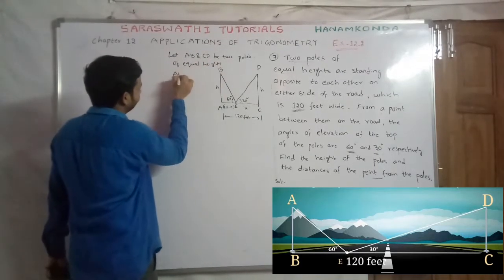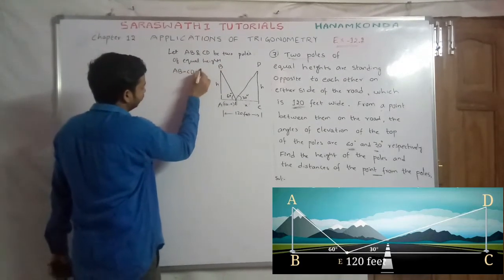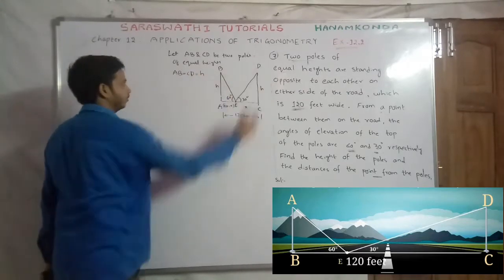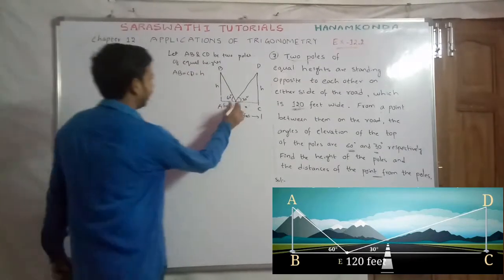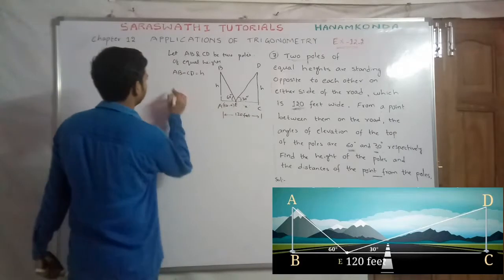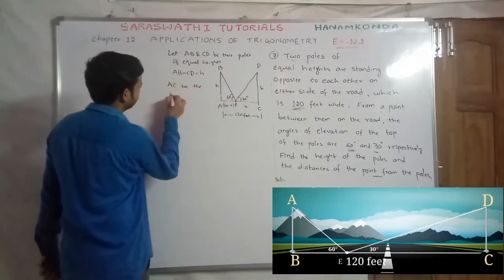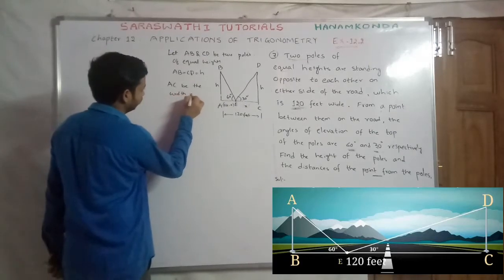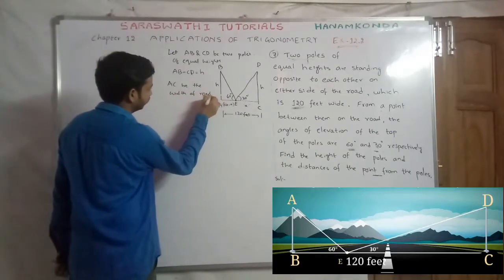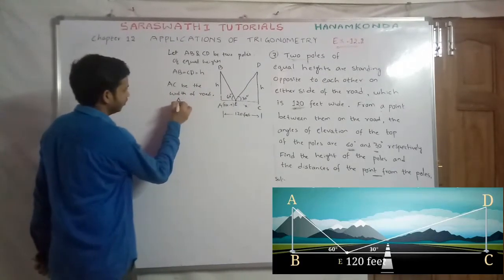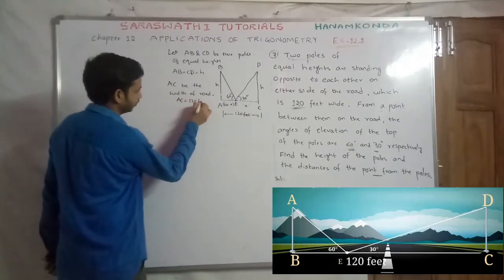So AB equal to CD equal to, let us suppose, h, since they are equal. And E is a point on the road. AC be the width of the road. AC value is given as 120 feet.